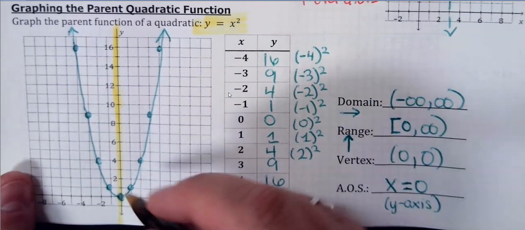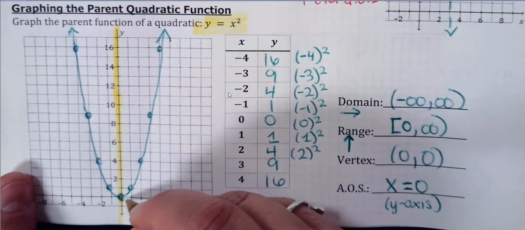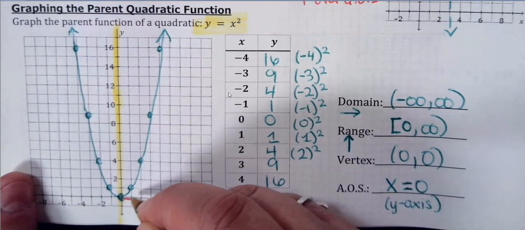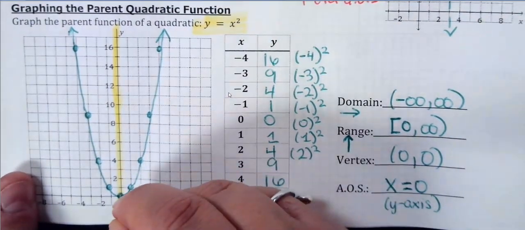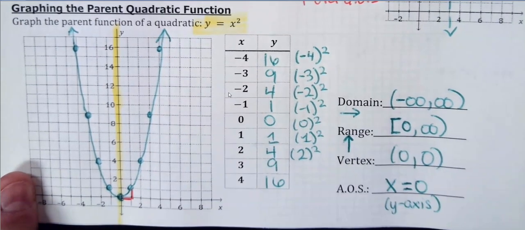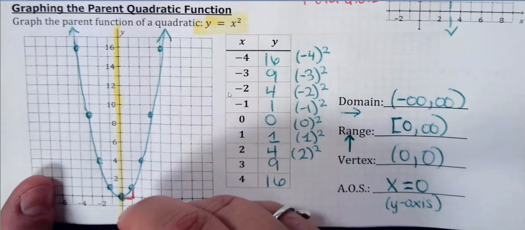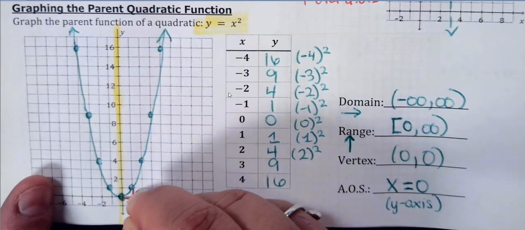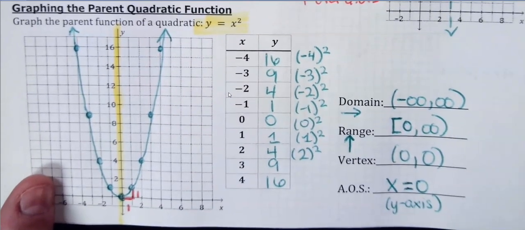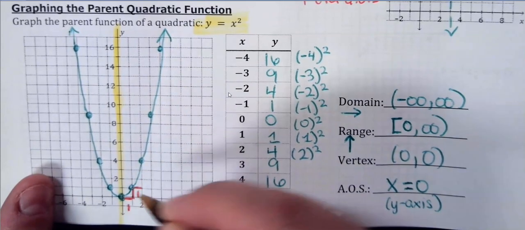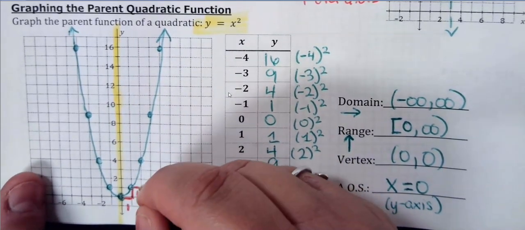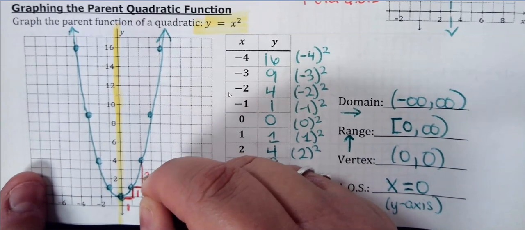So from the vertex, to get to the next point, I'm just going to do this on one side, but you could do this on either side. To go from the vertex to the next point I put on the graph, I went over 1 and then I went up 1. To get to the next point, I went over just 1 again and I went up 3.